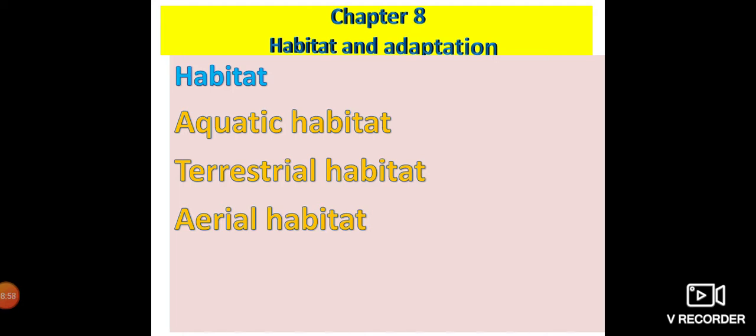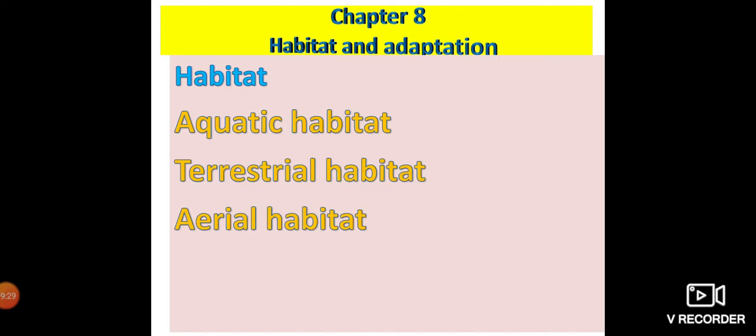In this habitat, different plants and animals are adapted to live. Examples: fish, water lily, lotus, etc. So these can live in aquatic habitat. So habitat means it is a natural home of an organism and its immediate surroundings.